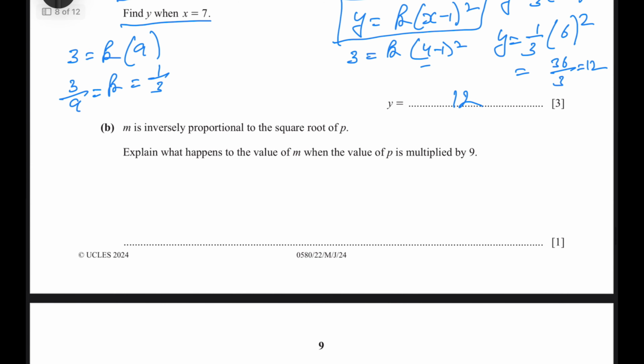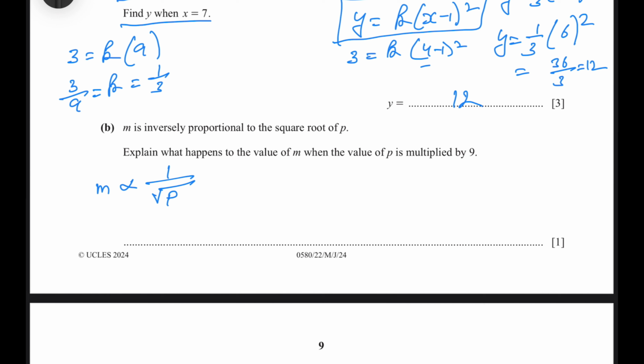B part. M is inversely proportional to the square root of p. This is how you write it. Explain what happens to the value of m when the value of p is multiplied by 9.